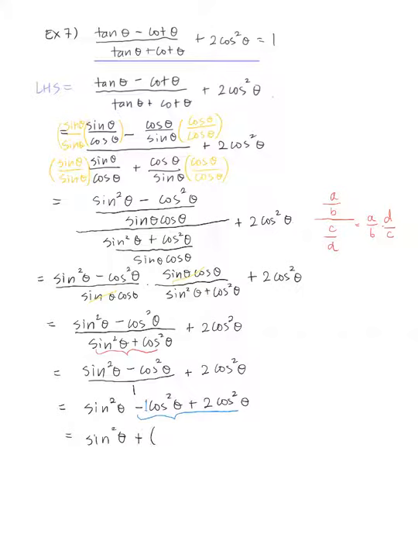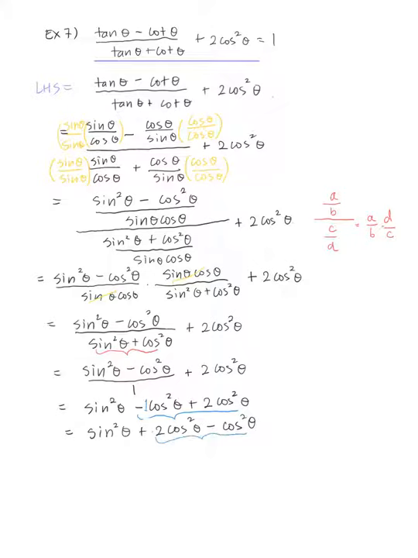You know what, I don't want to lose you by you asking me, what the heck are you doing? So let me try to rewrite this so you'll see it better. So this is sine square of theta plus 2 cosine square of theta, and then minus cosine square of theta. Alright, so I just rewrote it.